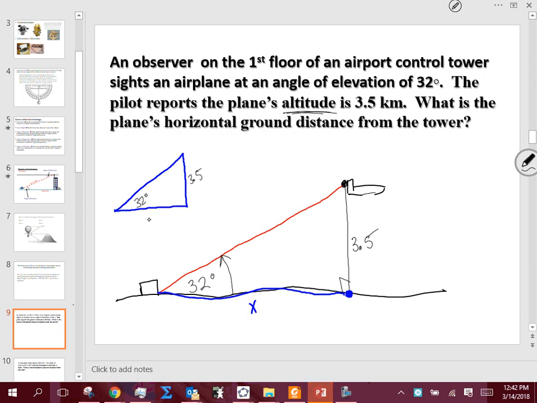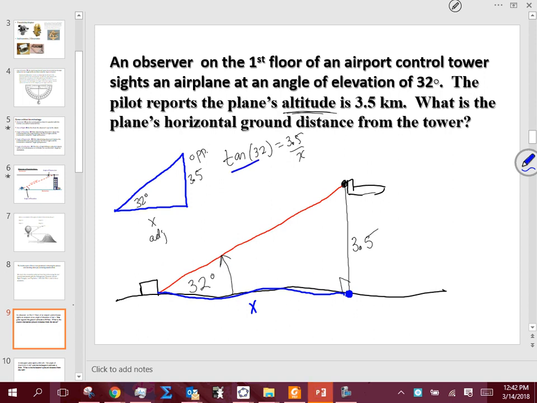This is just a simple SOHCAHTOA question, isn't it? But you have to be able to fit the components into a picture. What would you use here to solve for X? Tangent. This is the opposite side, and this is the adjacent side. So we would say tangent of 32 is equal to 3.5 over X. We've seen the algebra already.